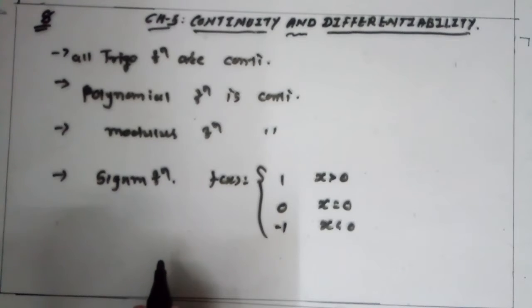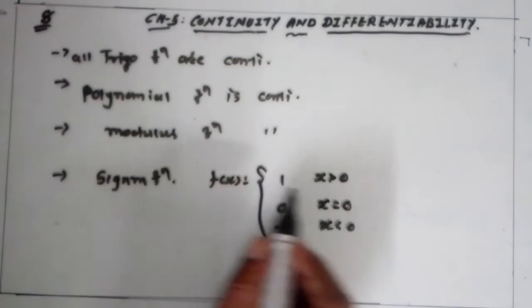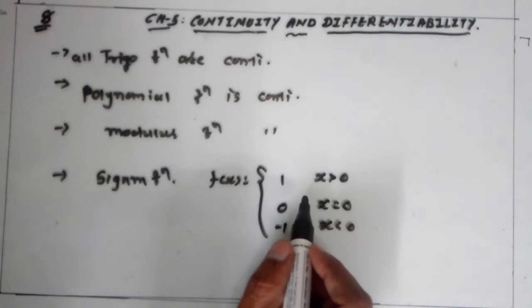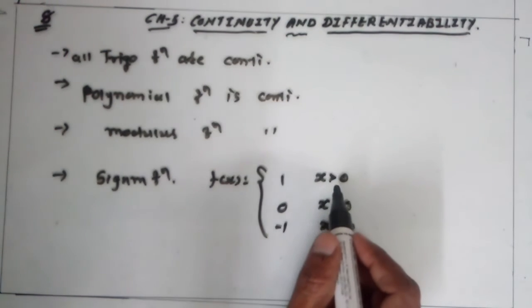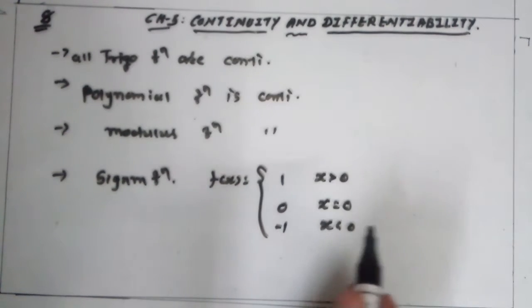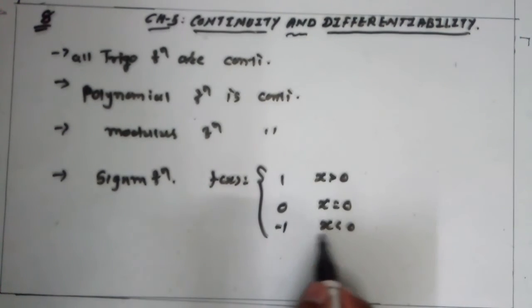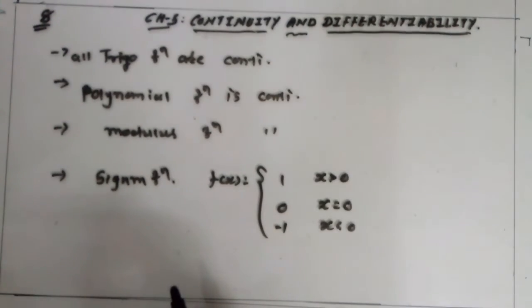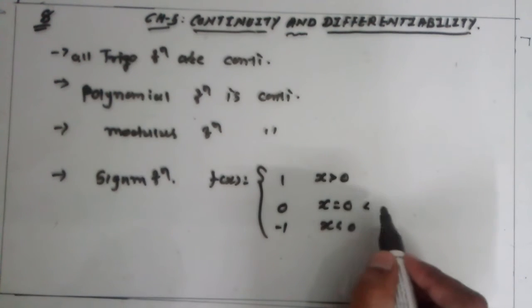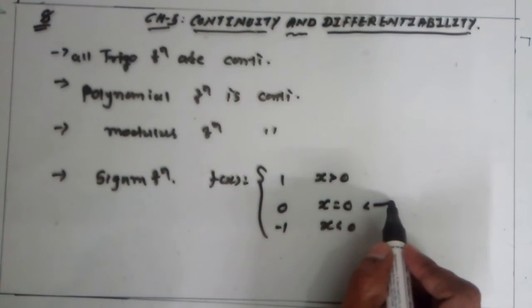This is the signum function. What do you say about it? The signum function is continuous for x greater than 0, for x less than 0, but not at x equal to 0.